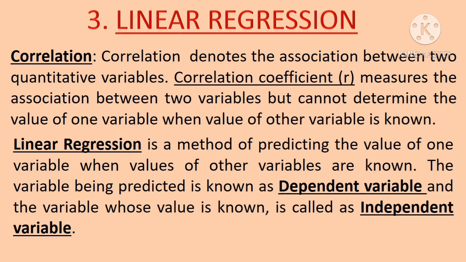That is done by linear regression. So linear regression is a method of predicting the value of one variable when the values of other variables are known. The variable whose value is to be predicted is known as a dependent variable, and a variable whose value is known is called as independent variable.